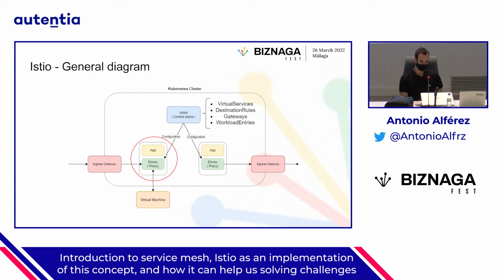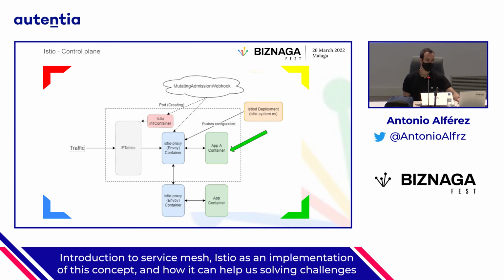And I would like to give more details about what is actually going on here inside the red circle, because it's important to understand that. So let's answer this question. How does a specific service join the service mesh? What is actually going on is that there's a mutating admission webhook that, when a pod is created, intercepts that creation, that YAML definition of the pod, and appends two more containers to the original ones.